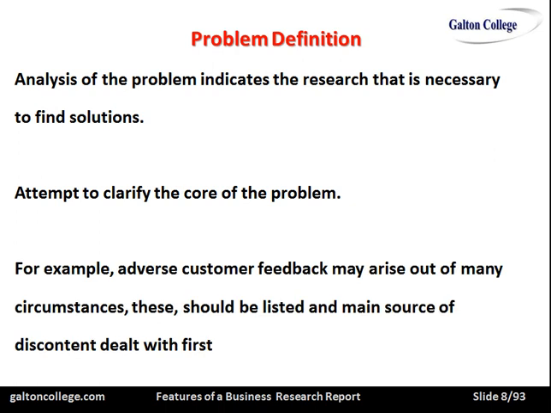For example, let's say there was adverse customer feedback. Now, research into this may indicate that the customers were unhappy about several things: about the design of the product, about the value for money, about after sales service or whatever. Now identify what is the most pressing issue that the customers have come up with.